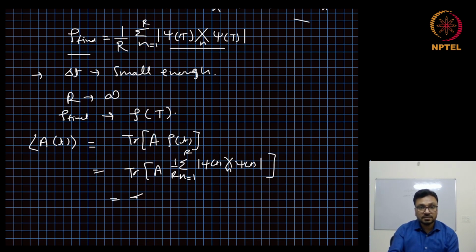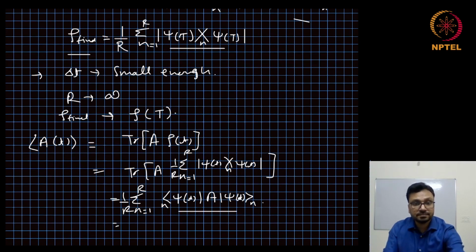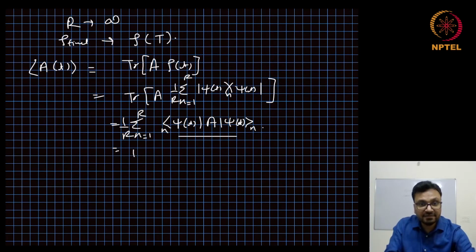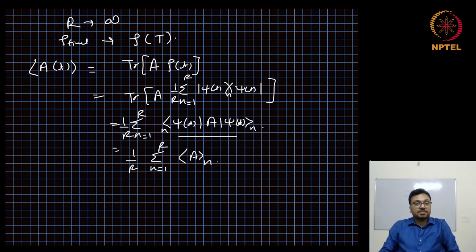And this becomes 1 over r, sum over n from 1 to r, of psi of t, a, psi of t in the nth attempt. So it means it is the expectation value of a. This is the average of the expectation value of a in each trajectory at every time.